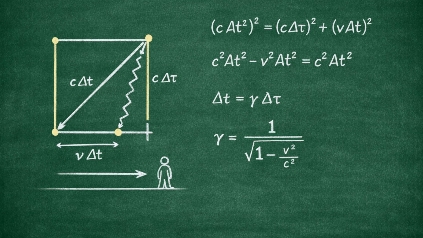Using the light clock geometry, Pythagoras, one finds c squared delta t squared minus v squared delta t squared equals c squared delta tau squared.